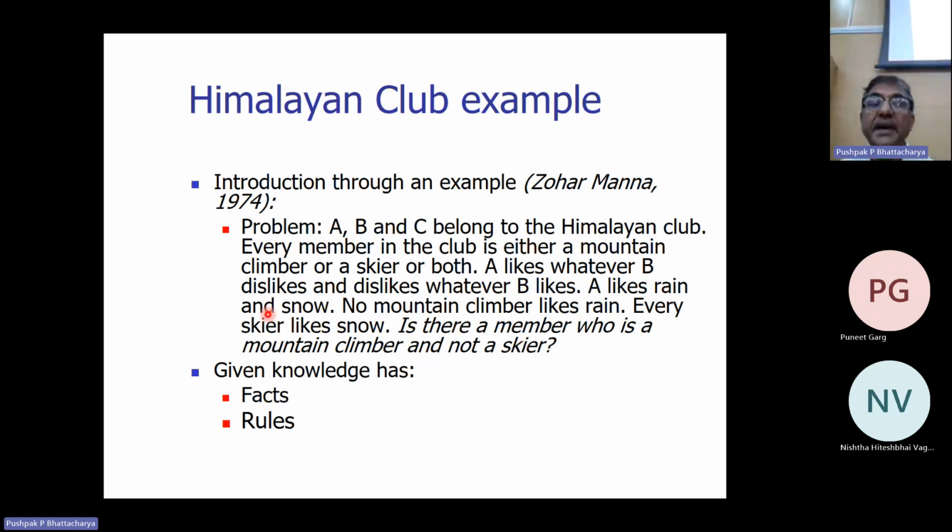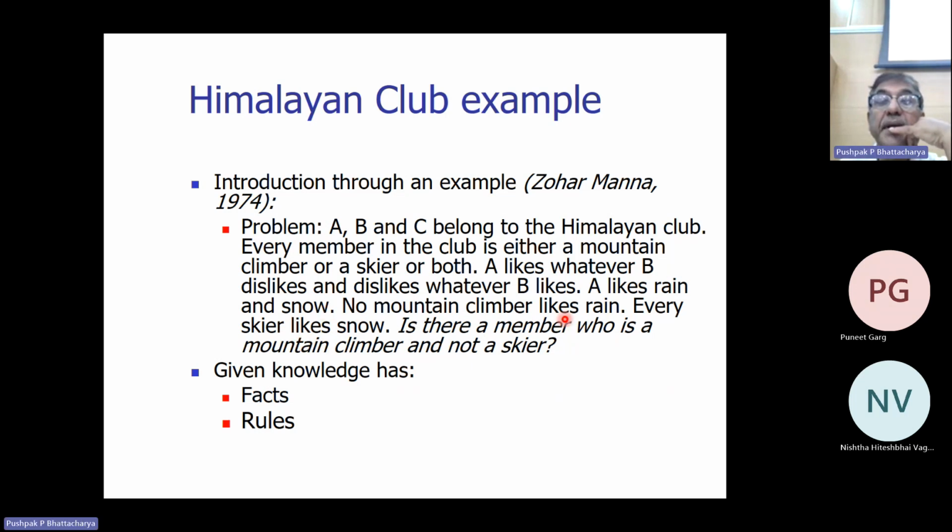A likes rain, so B cannot like rain. A likes snow, so B cannot like snow. Now, every skier likes snow. If anybody is a skier, he or she must like snow.